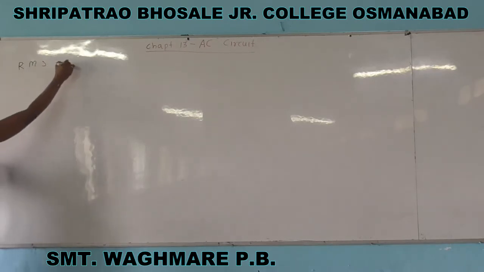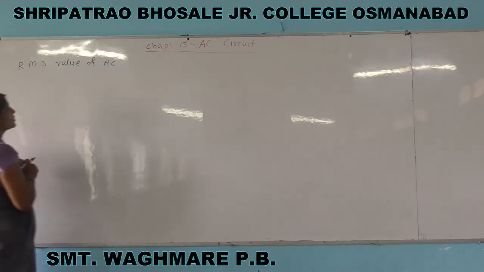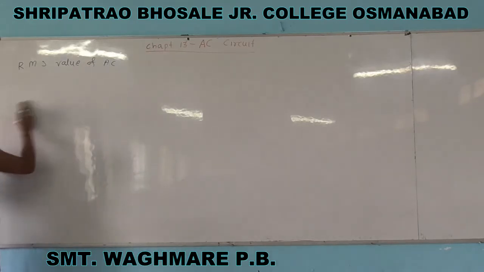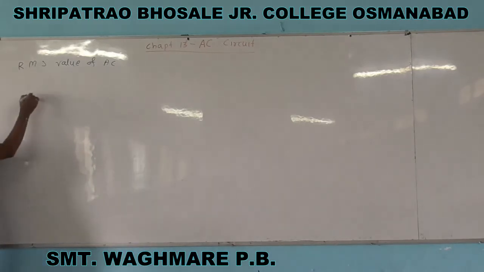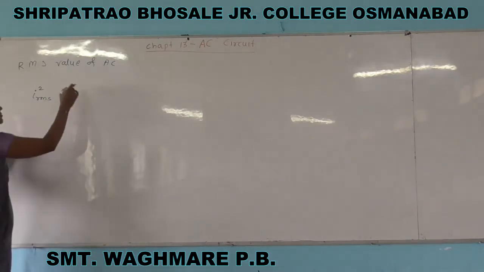RMS value of AC. And peak. Now I square at any instant is positive, therefore we will take I square. Suppose at any instant the current I square IRMS is equal to this.